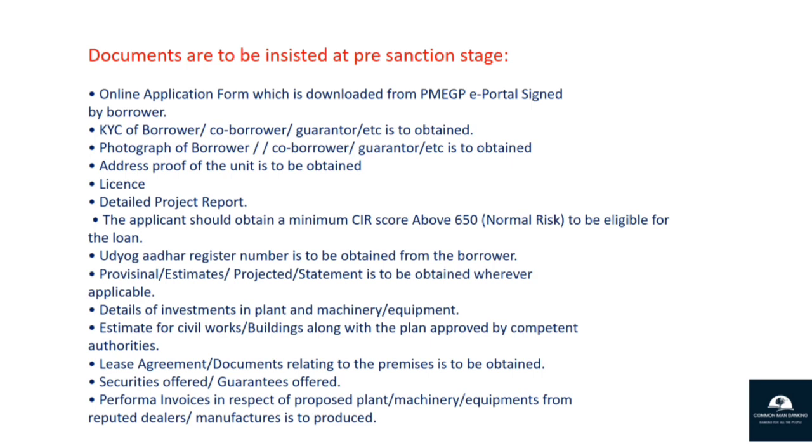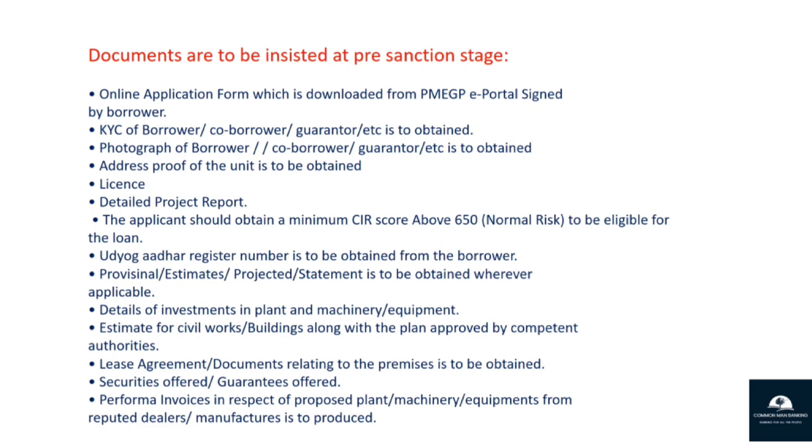The CRC score we can say is the CIBIL score. There are three other score charts that are eligible, but we can take it as CIBIL. The CIBIL score should be a minimum of 650. Less than 650, you are considered high risk. So you have to maintain a CIBIL score above 650. Then only you are eligible for this PMEGP loan.